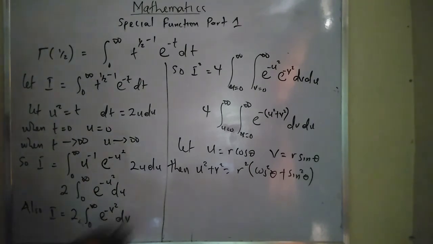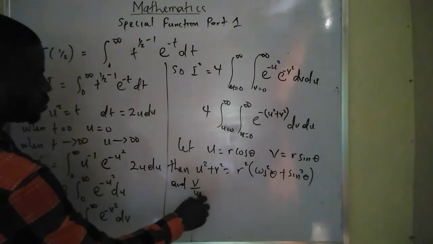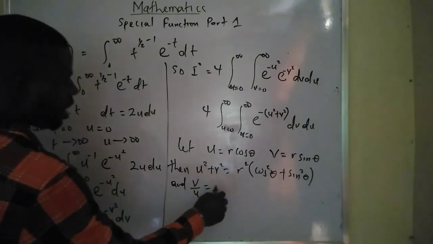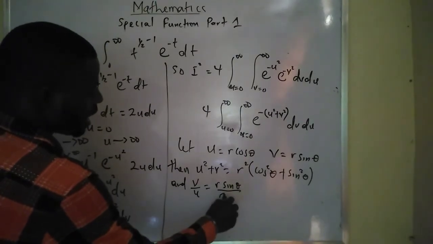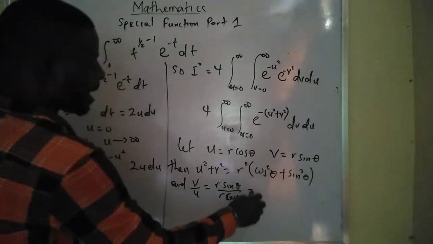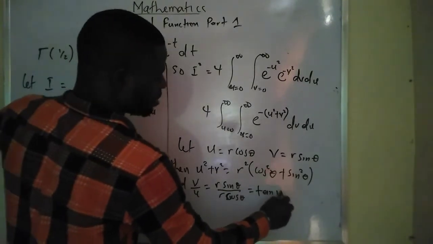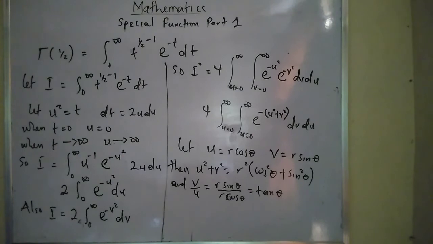Now v over u gives r sine theta over r cos theta, which gives tan theta. Now that I have all this at hand, I can move on.